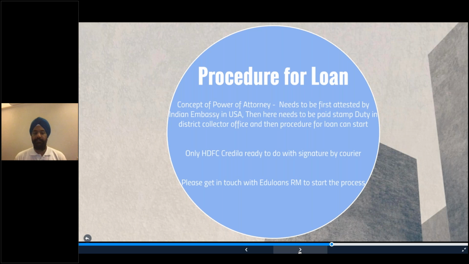Unfortunately, none of the others right now are supporting it, but I think this will change. They have to evolve, just like the US universities. The I-20 earlier was shipped, now it is sent as a scan copy, and that is acceptable. The same thing would happen in this format. We are just waiting for things to become easier for you to apply for loans sitting in the US or Australia or whichever foreign country you are currently in.